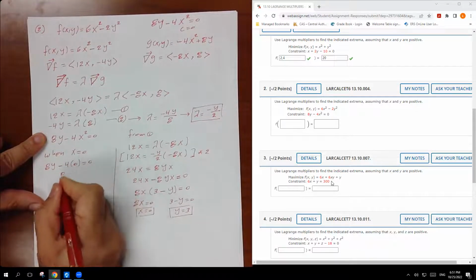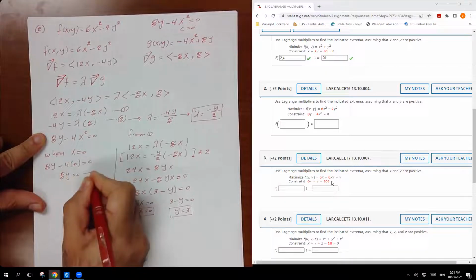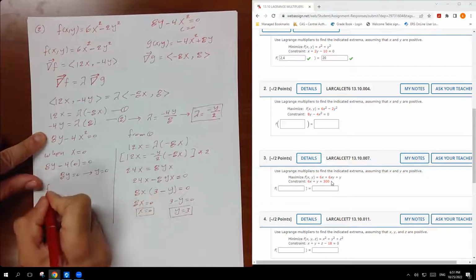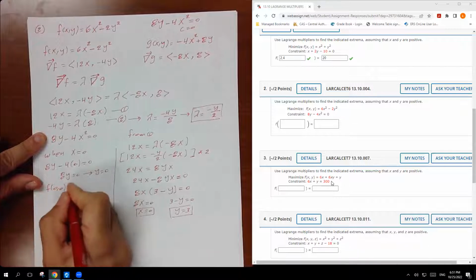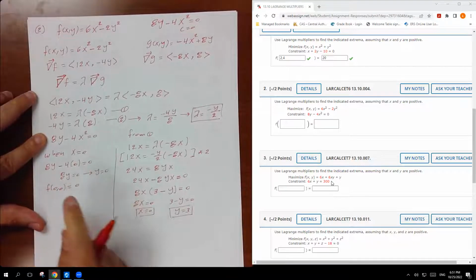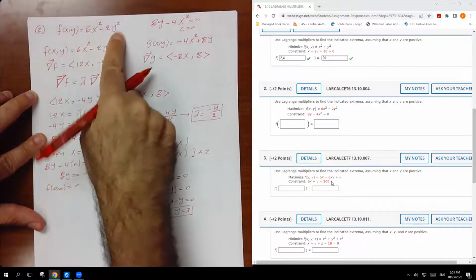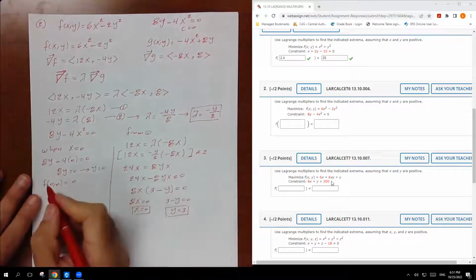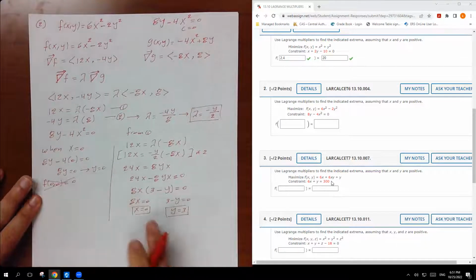That means 8y equals 0, so y is going to be equal to 0. So f of 0, 0 equals 6 times 0 minus 2 times 0, and this is going to be wrong. So we can't use this option.